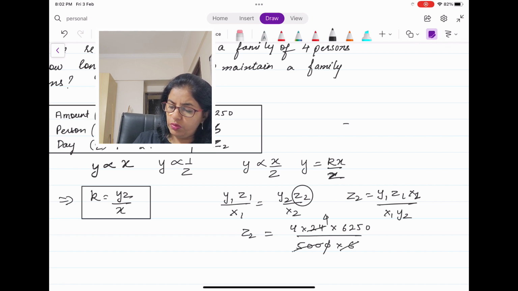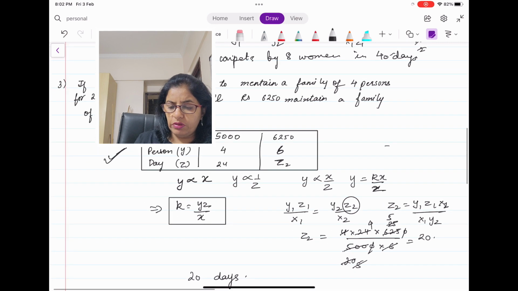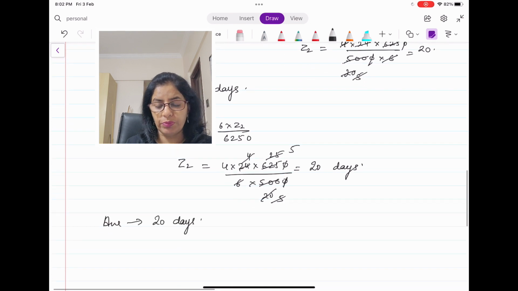Cancelling 4, first you cancel the zeros, cancellation by 25, you get 20. So 20 days. 6,250 can maintain a family of 6 people.